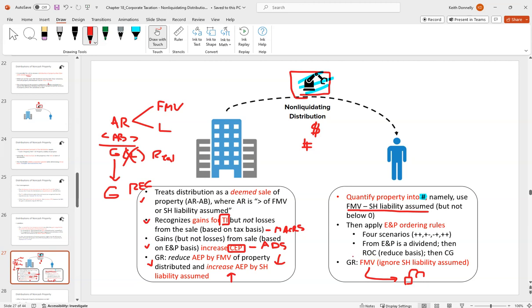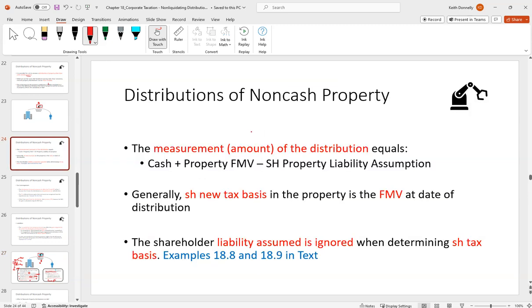So there's a lot of twists and turns there. This is why I wanted to do it as its own lecture. Let's examine this one by one. It says the measurement or amount of the distribution, so we're looking at the shareholder here, trying to put a number on this. It's generally going to equal the cash they get, if there's cash, plus the fair market value of the property, minus any liabilities they assume.